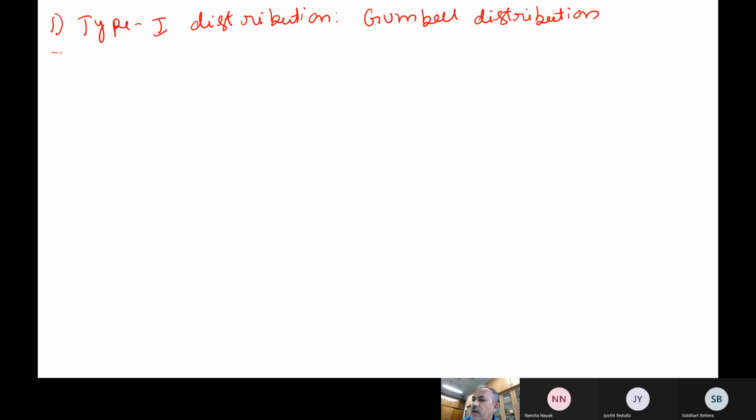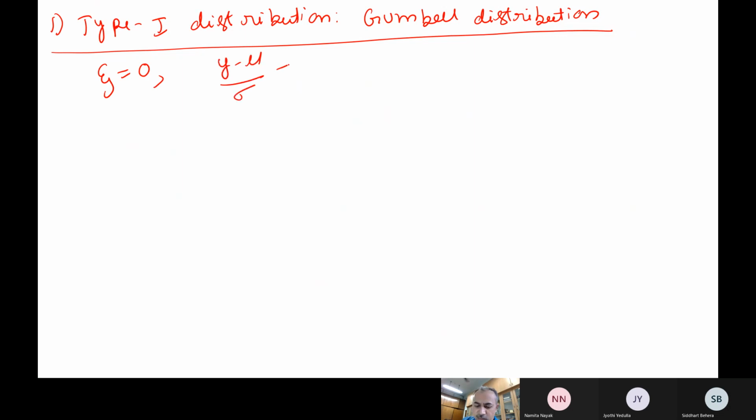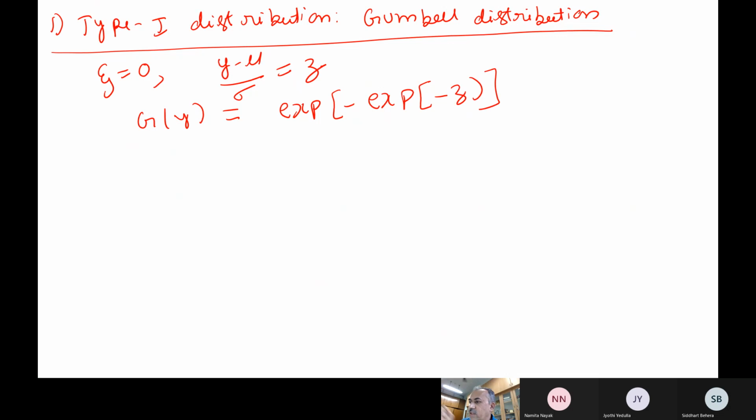Here psi is equal to 0, and if I denote (y minus mu) by sigma as z in the above expression, you get the Gumbel distribution. So g of y will be exponential of minus exponential of minus z. So psi is equal to 0, and this is what we call the type 1 or Gumbel distribution.